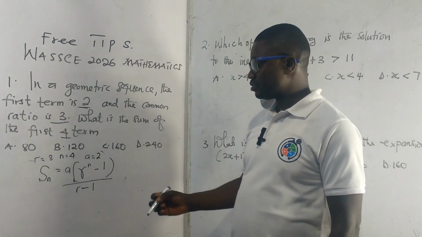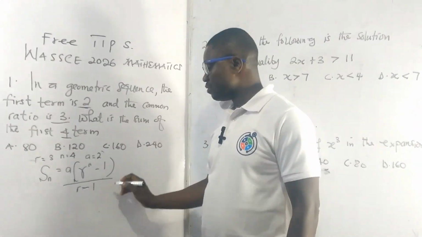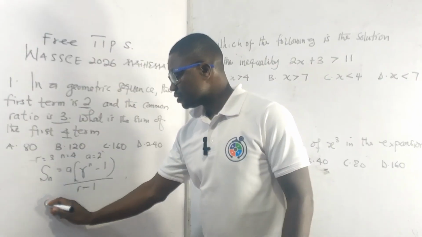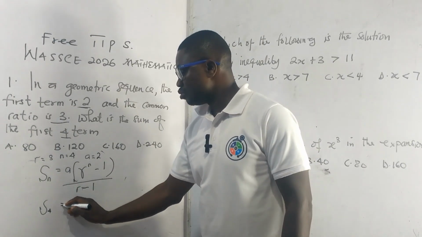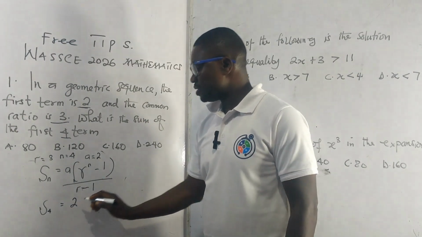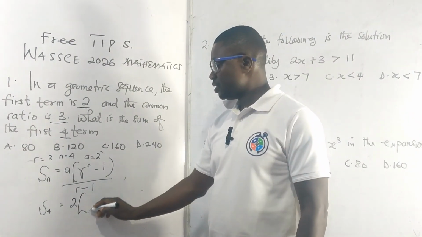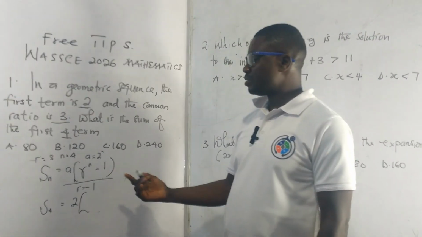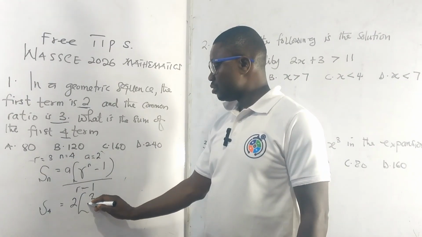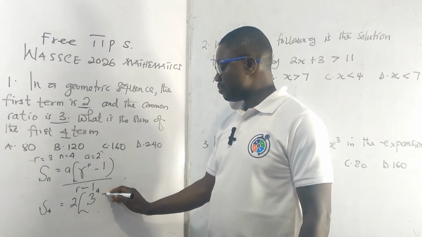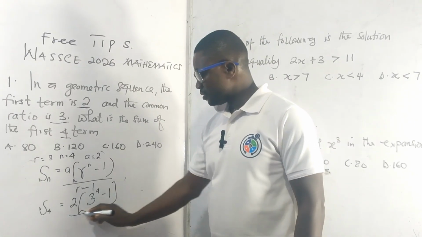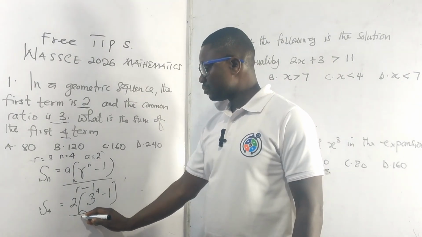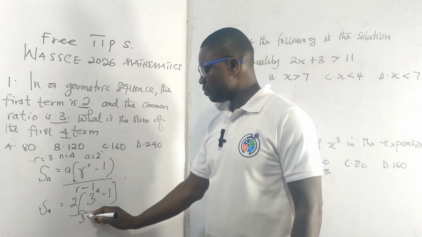Now let's do our substitution. So we have the sum of 4 is equal to 2, which is our A, into bracket R, what is our R? 3 raised to the power 4 minus 1, all over R, which is 3 minus 1.